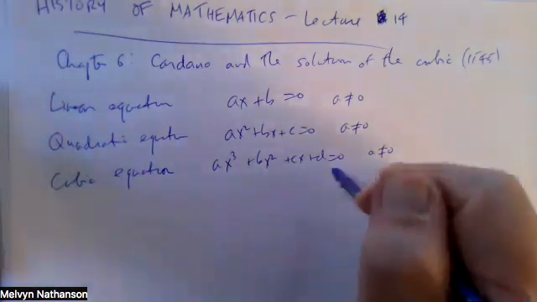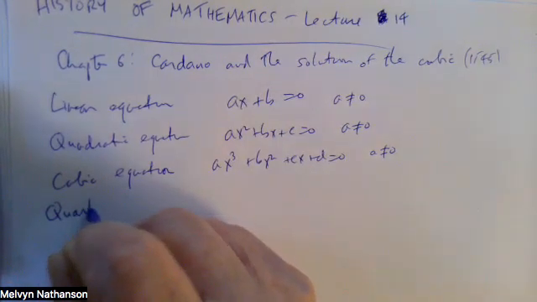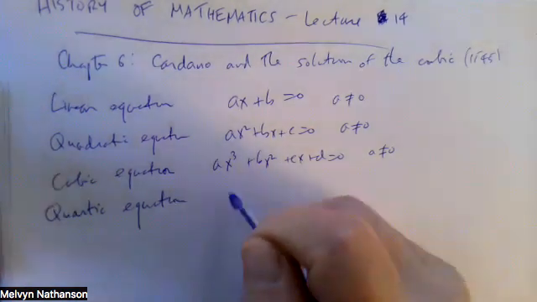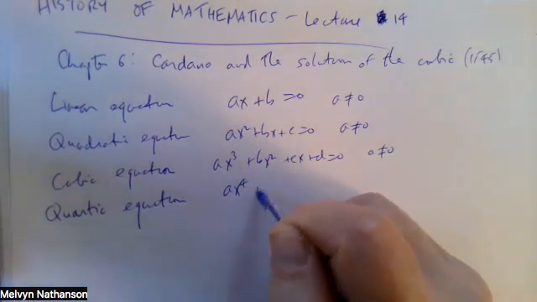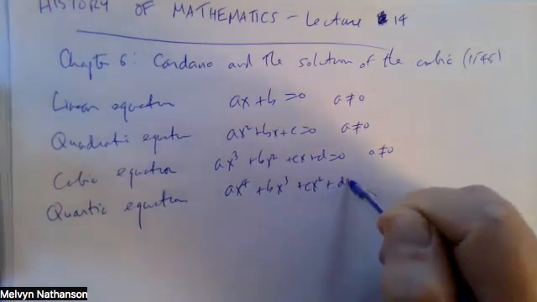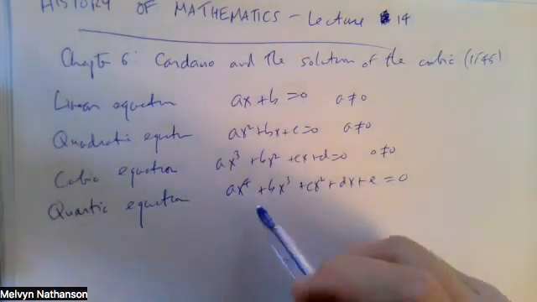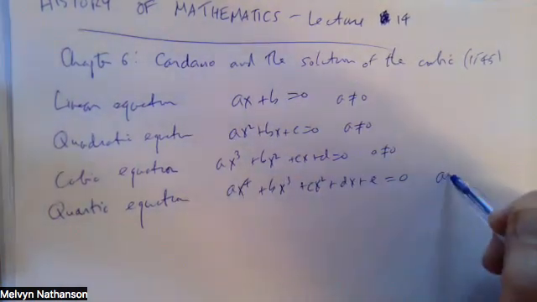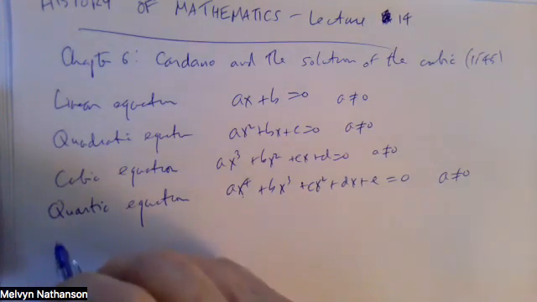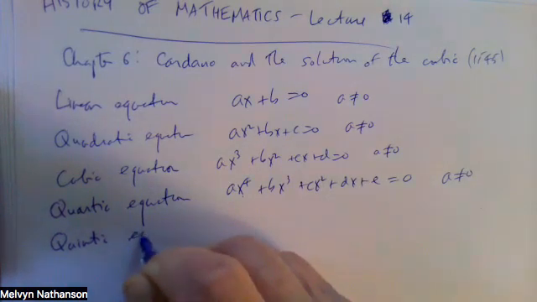You could have a polynomial equation of degree 4. That's called a quartic. Ax to the 4th plus bx cubed plus cx squared plus dx plus e equals 0. And again, to say it's of degree 4 means that the leading coefficient is not 0. Or you could have a 5th degree equation, which is called a quintic.